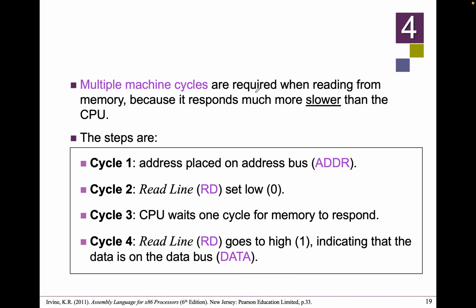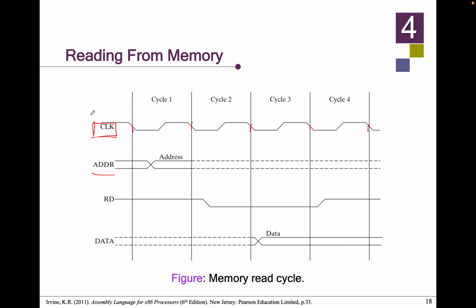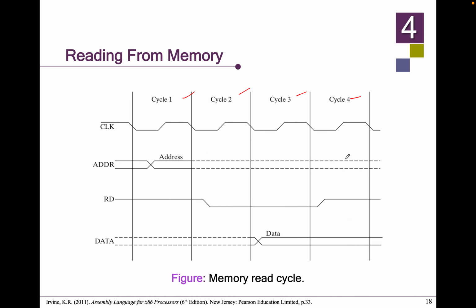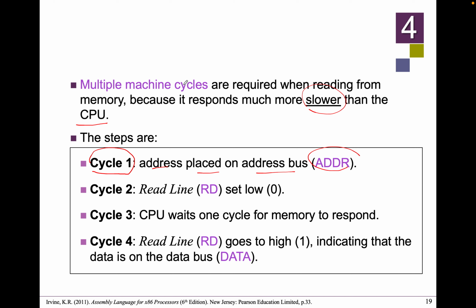Multiple machine cycles are required when reading from memory because it responds much more slowly than your CPU. Refer to this figure. You have clock 1, 2, 3, and 4. The steps are: in cycle 1, the address is placed on your address bus, ADDR. This is normally the step by step before you read from memory in your CPU.